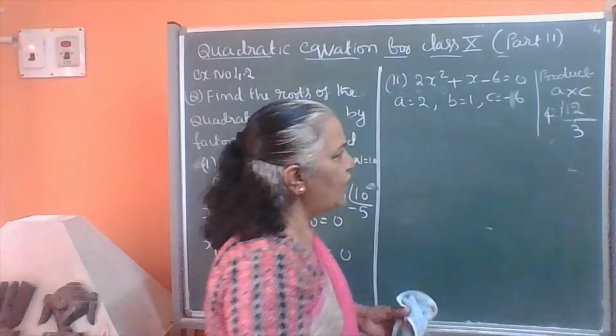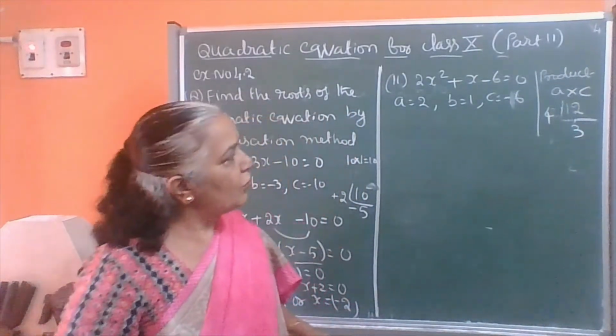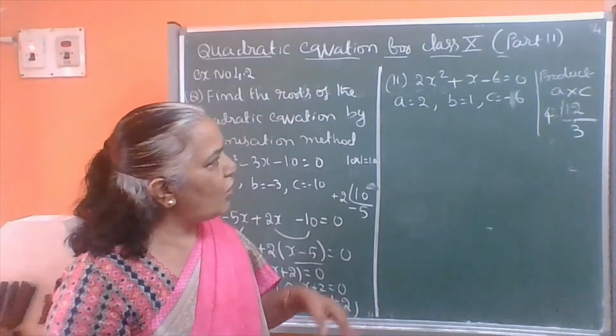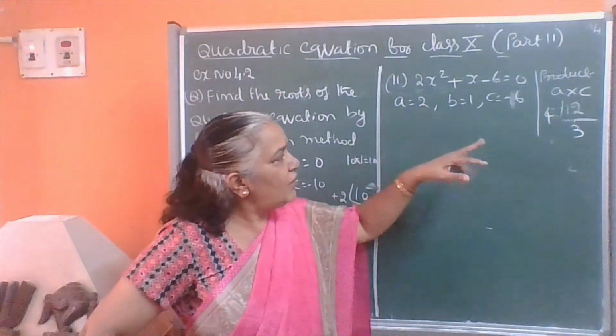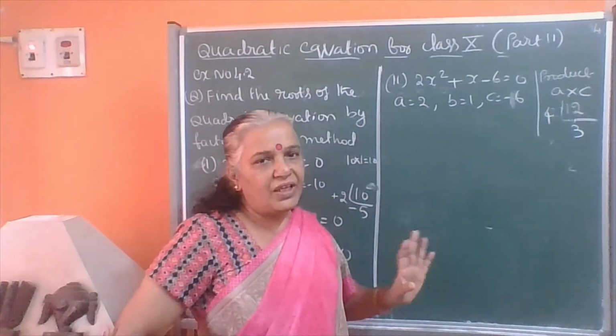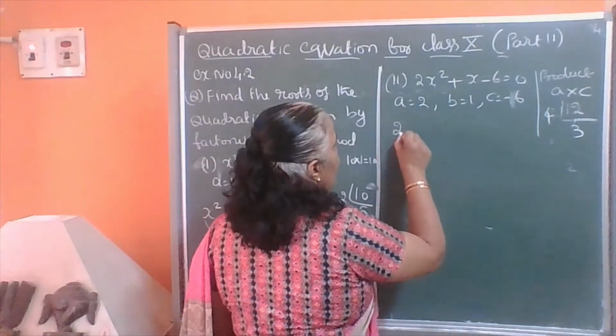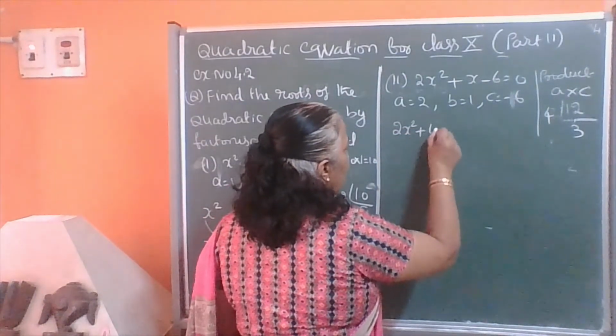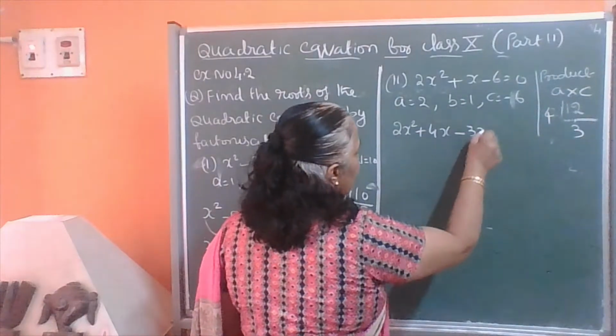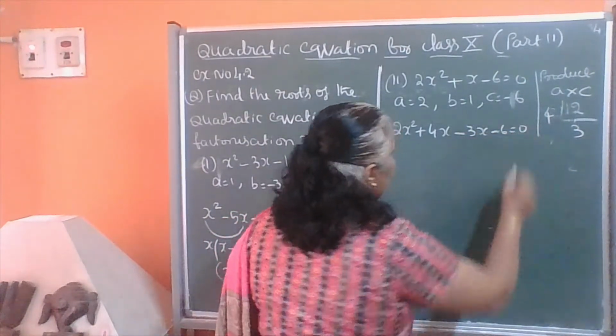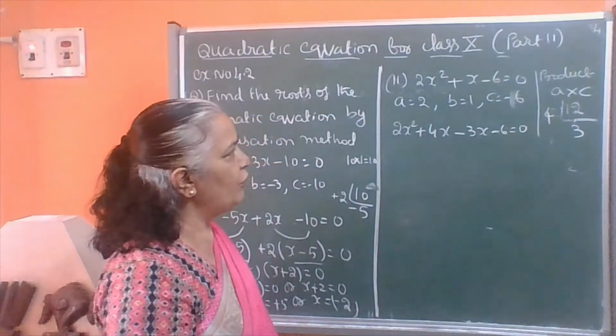See, by trial and error method, you have to find the factors of ac. And then by adding or subtracting, you should get the middle one. Therefore, it is 2x square plus 4x minus 3x minus 6 is equal to 0. What you did?